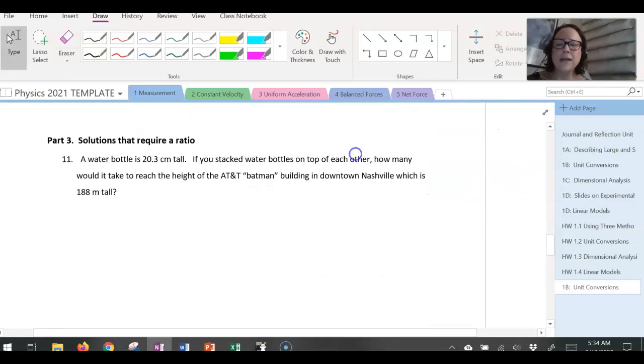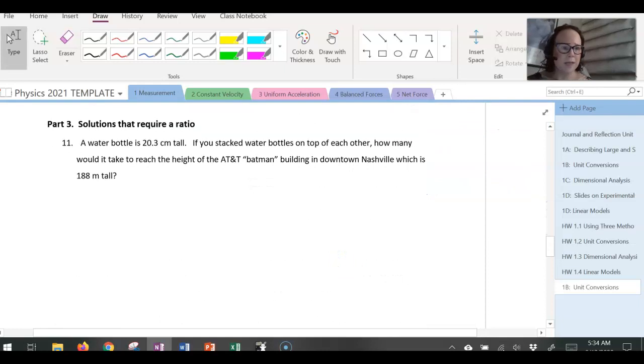Let's look at one of the examples from part 3. Because these problems are unit conversions, but they require us to use a ratio to solve the problem. So this first example, we have a water bottle that's 20.3 centimeters tall, just a normal water bottle. And we want to know, if I stack those water bottles on top of each other, how many would it take to equal the height of the Batman building downtown?